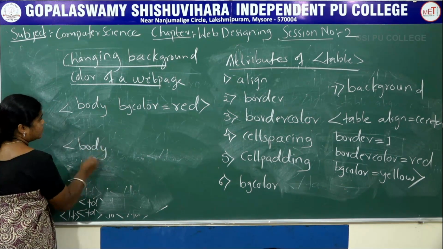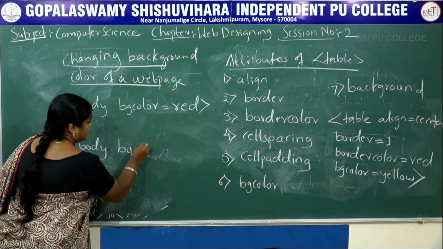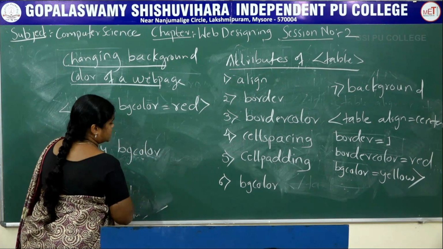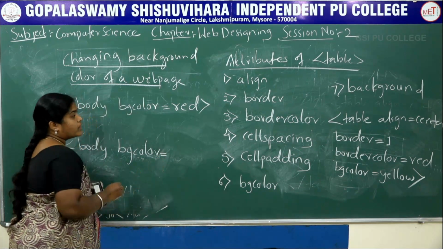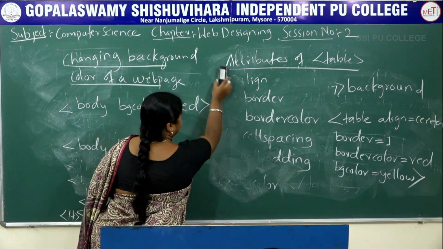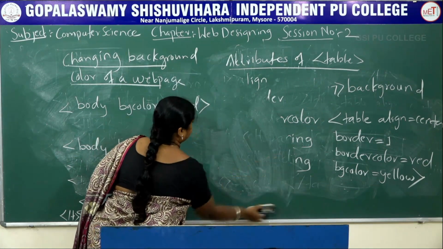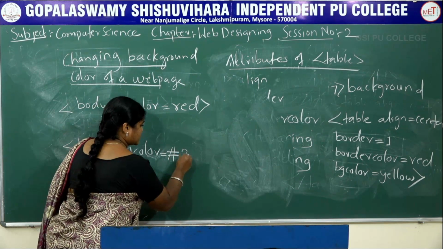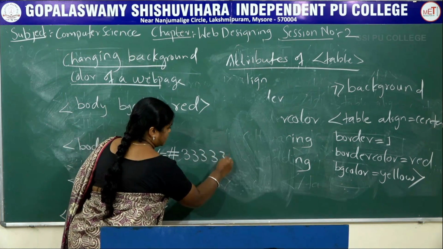Suppose it is body tag, then BG color is equal to hexacode. Hexacode starts with hash. Suppose I say 333333.